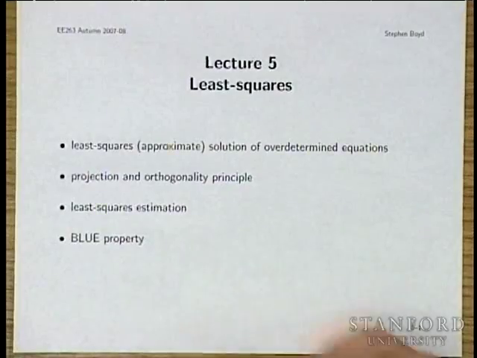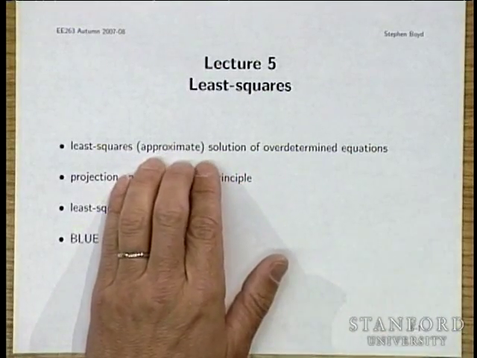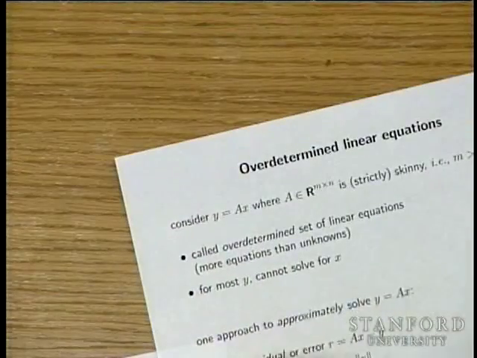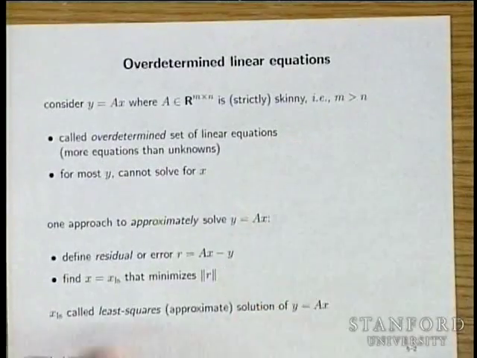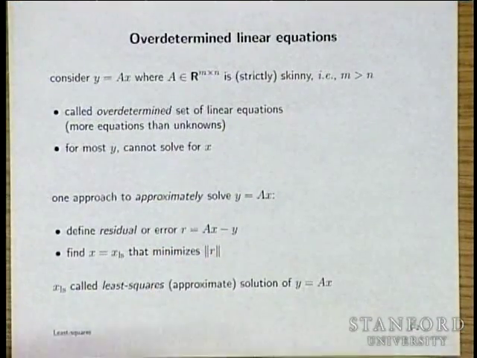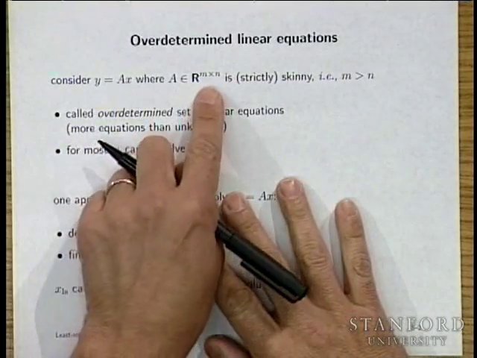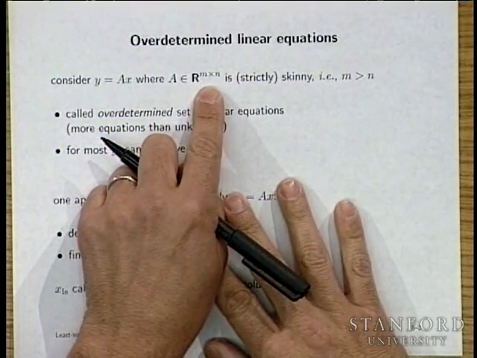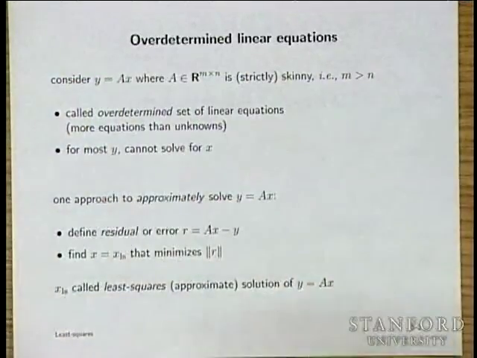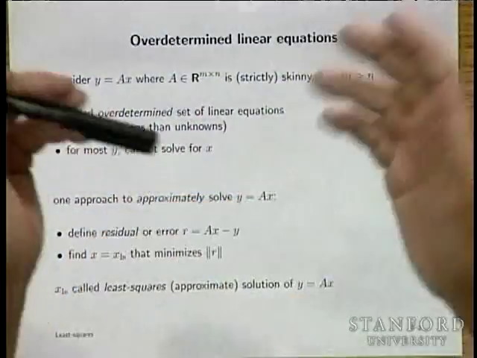Okay. But I'll tell you what it's about. It's about approximate solution of overdetermined equations. So let me say just a little bit about that. So Thursday we can do this. Let's suppose you have y equals Ax, where A is skinny. That means something like you have more equations than unknowns. It depends on the context of what exactly it means.